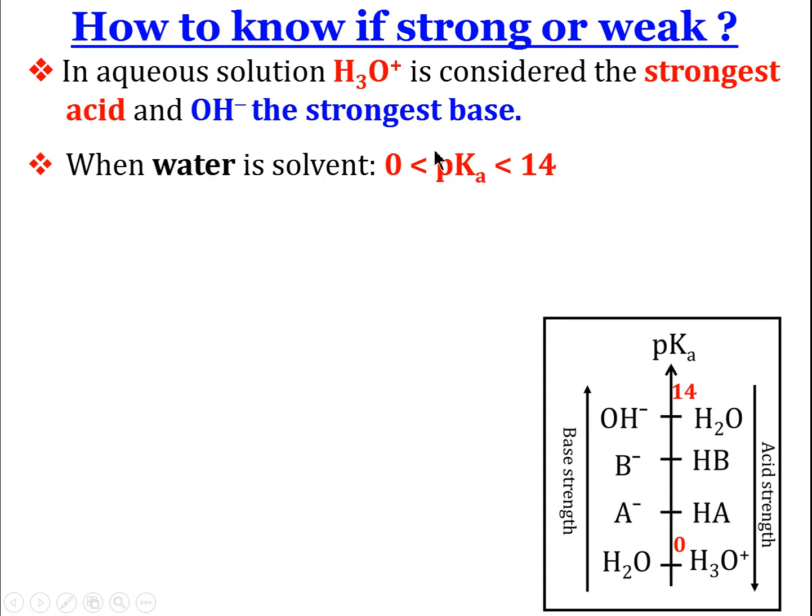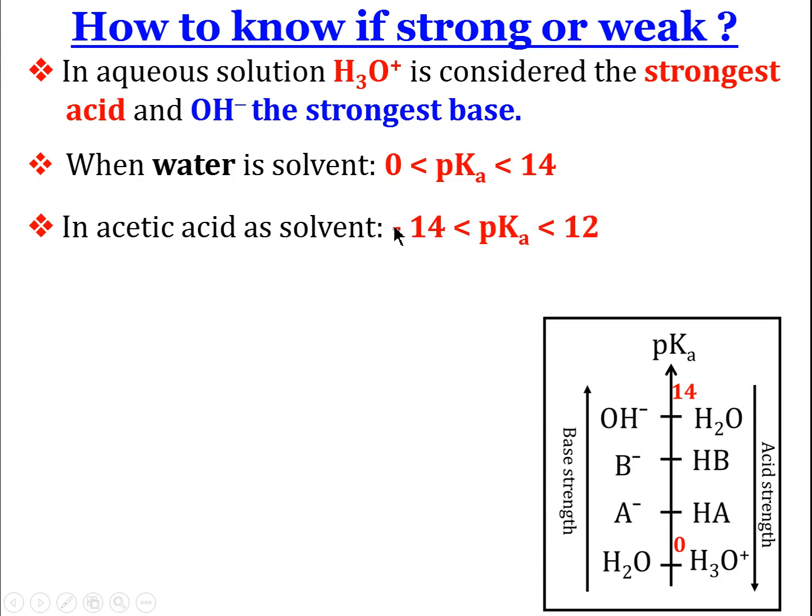So the value of pKa of all couples in solution is between 0 and 14. Changing the nature of the solvent to acetic acid, for example, the interval of pKa will be changed, and in this case, the pKa values are between -14 and 12.